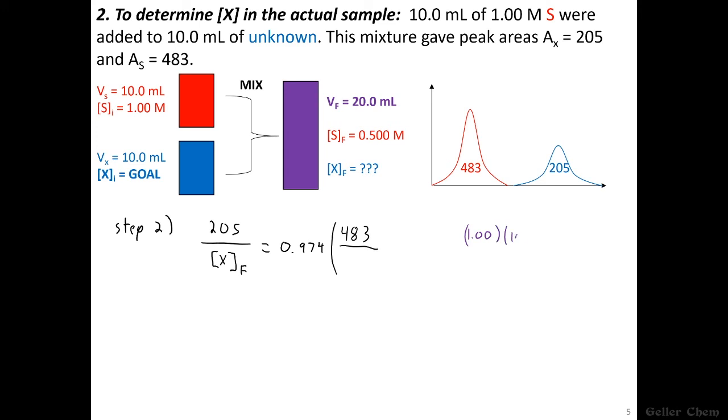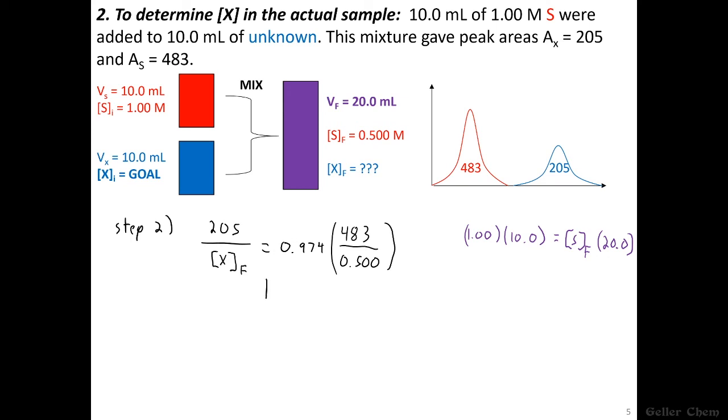Initial volume, 10.0 milliliters, is equal to our second or final concentration of the standard times our second or final volume, which is just 20.0, and solve for S_F, and we get 0.500, as is already indicated in the visual. Let's write that in, 0.500. And I'm not going to bother writing units, because whatever concentration unit goes in, that's what concentration unit I'm going to get out.